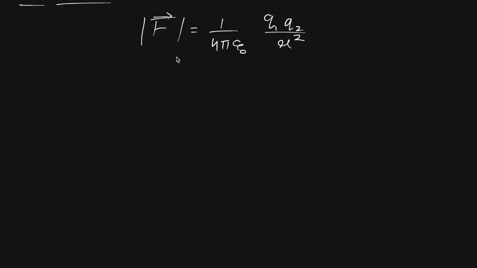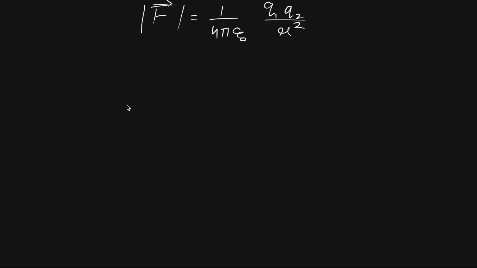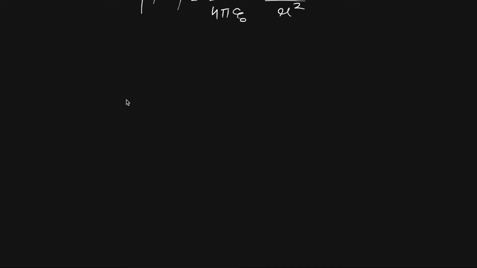And this is the magnitude. Because force is a vector quantity, we have to specify the direction for it, and for this we are going to take the force as a vector quantity and solve these vector quantities using superposition. Let's suppose I take the origin here.